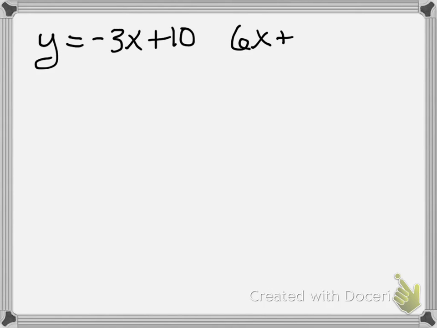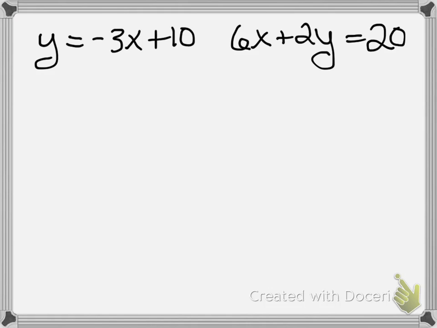Next, we want to look at the middle column. You have the equations y is equal to negative 3x plus 10, and 6x plus 2y is equal to 20. Again, we're thinking substitution, so let's walk through our steps.